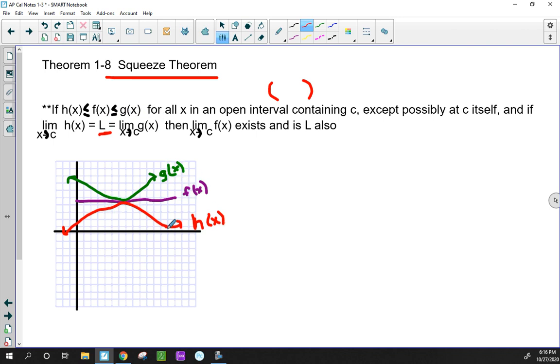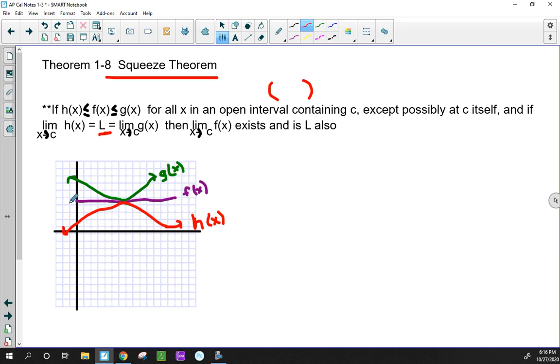If the limit of this red graph as x approaches c is L, and the limit of g of x as x approaches the same value is also L, then the graph between the other two as x approaches the same value does exist, and it's L also. And that's the squeeze theorem.